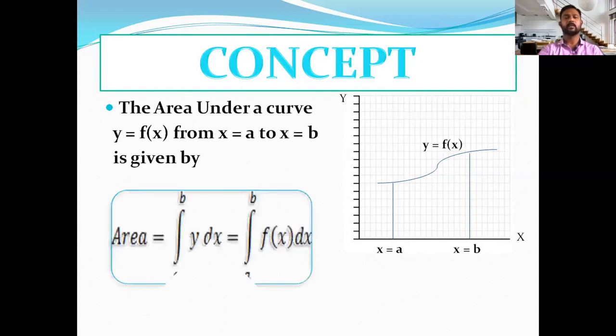We saw that it is given by integral a to b y dx. Y is actually f of x. Therefore, the area under this curve between the extremities x equal to a and x equal to b is given by integral a to b f of x dx.